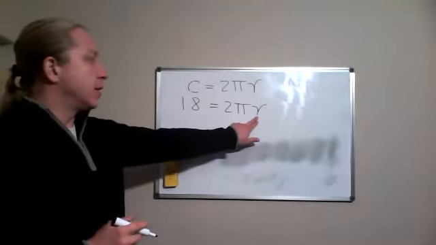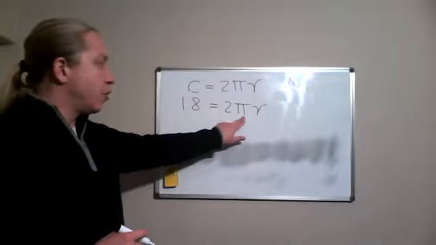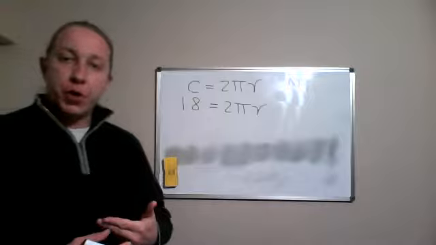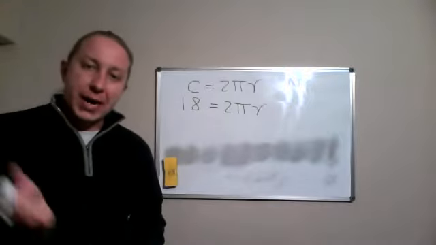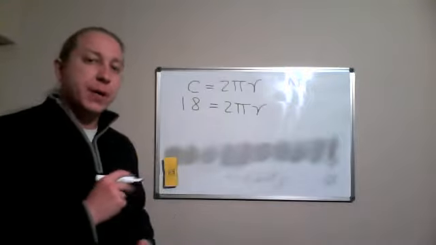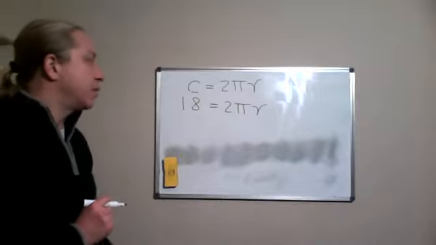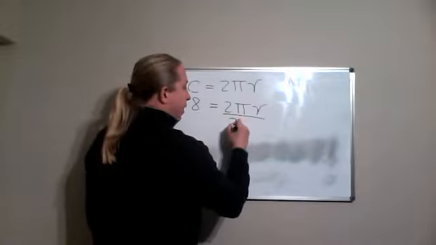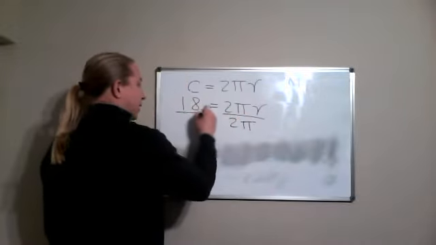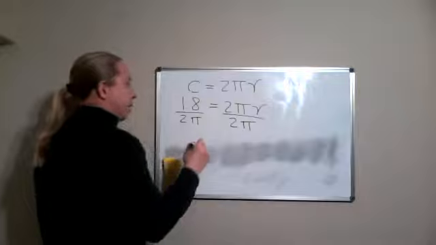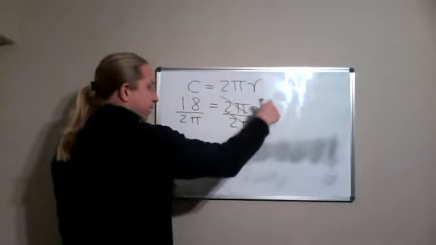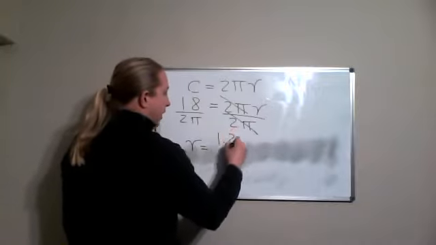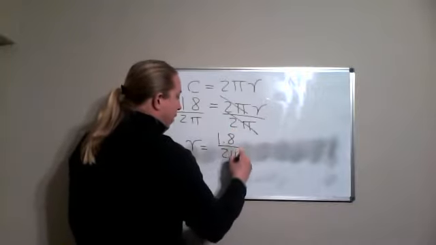We're trying to get this radius out. So we need to get rid of this coefficient of 2 pi. How do we do that? We do inverse operations and we divide if we want to cancel terms. But if we do something to the left, we must do the same thing to the right. So since we want to get rid of the 2 pi, we divide by 2 pi and we divide this by 2 pi. That cancels with that, leaving us with radius. So radius equals 1.8 over 2 pi.